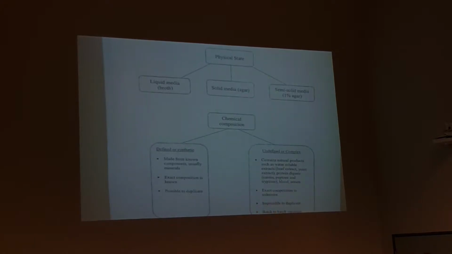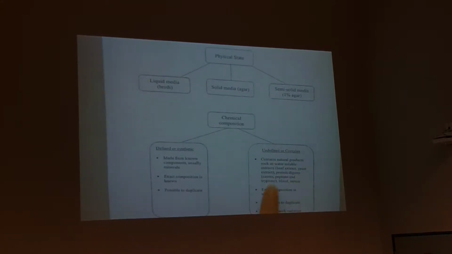You can have casein, tryptone, peptone, and so on. Those are digests of protein, also considered natural products. Blood and serum are also considered natural products. So if you see any of these components inside the component list, it means that it is an undefined medium.